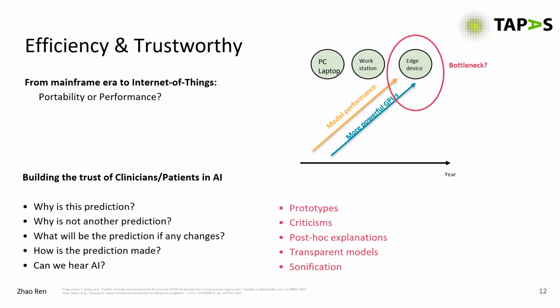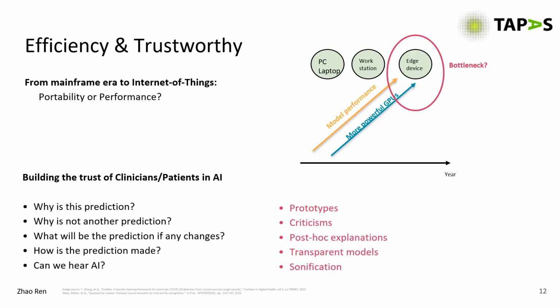The second is trustworthiness. From our perspective as computer scientists, we would like to provide trustworthy AI for clinicians and patients. And clinicians also want to know why this prediction is made, and also patients. So in our methods, we provided prototypes.